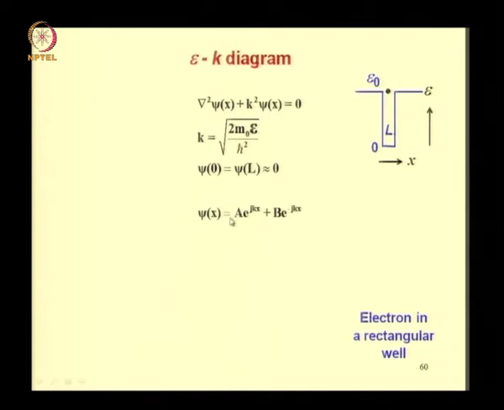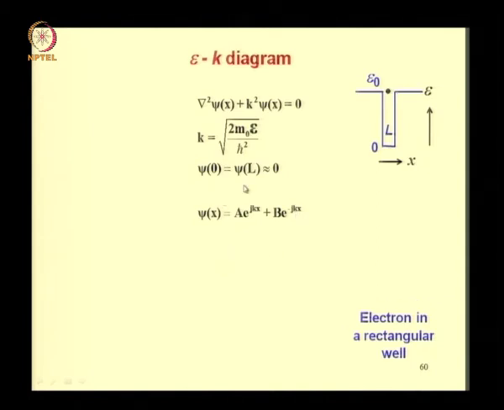One can easily see by substitution that if you have an exponential with a complex exponent, then when you double differentiate, you will get the forms of psi(x) and del square psi(x) to be similar but opposite in sign, so that you will get the sum of these to be 0. The complex exponent can be either positive or negative.